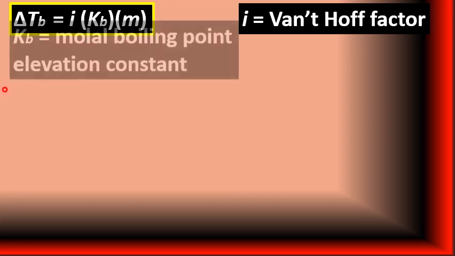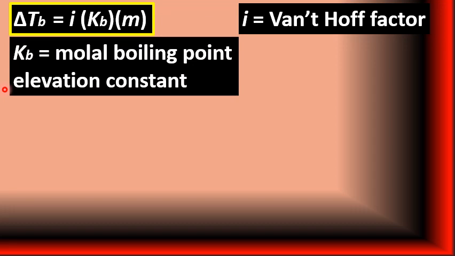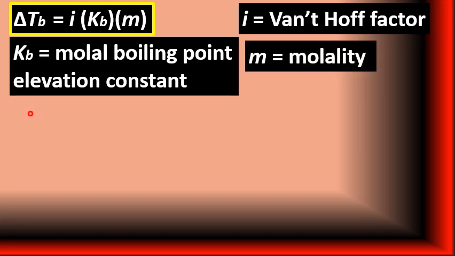K_B is the molal boiling point elevation constant of the given solvent. And small letter m, of course, is the molality or the molal concentration of the solution.